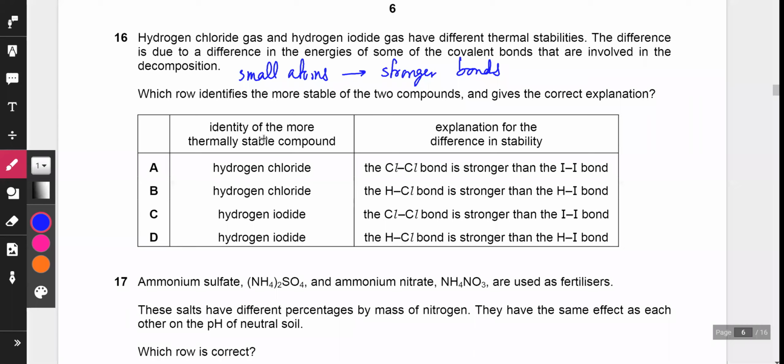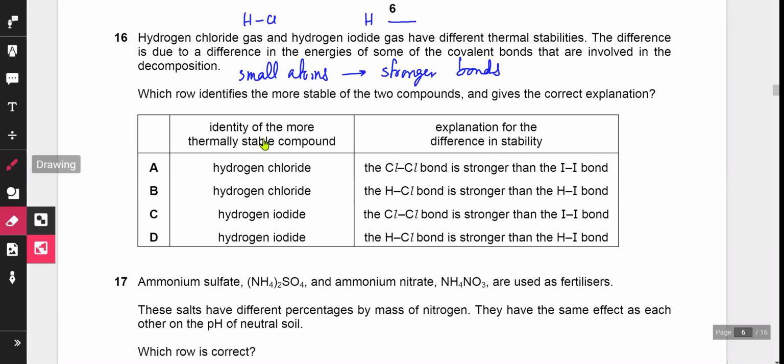So HCl is a very strong bond compared to HI because HI is a bigger bond. There's less orbital overlap. The bond length is very large, and I'm talking about HI. The iodine atom is too shielded to attract the electron from the hydrogen atom. Iodine already has 53 electrons, so it's not going to attract the H electron that strongly.